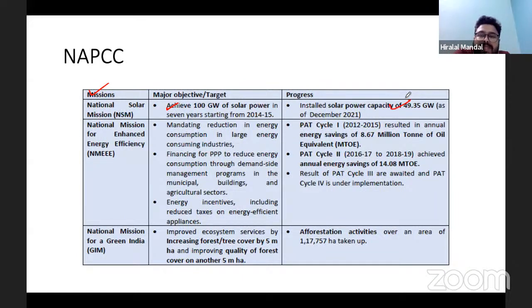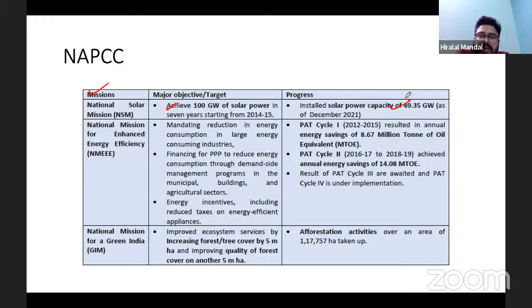So installed capacity at this point of time is already half. We expect to increase it to 100 gigawatt by 2021-22, but so far we are at the halfway mark.